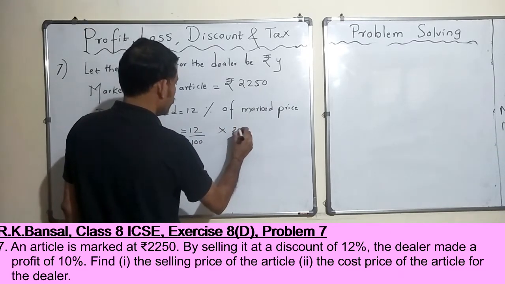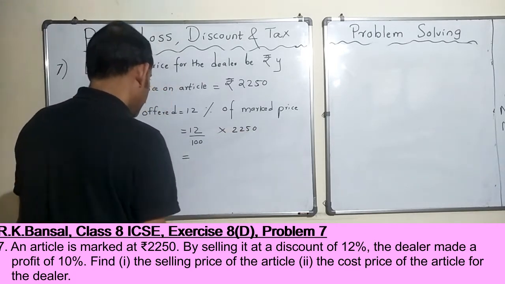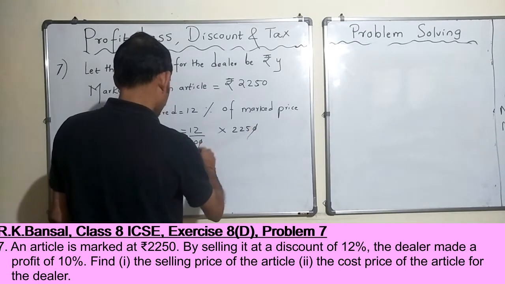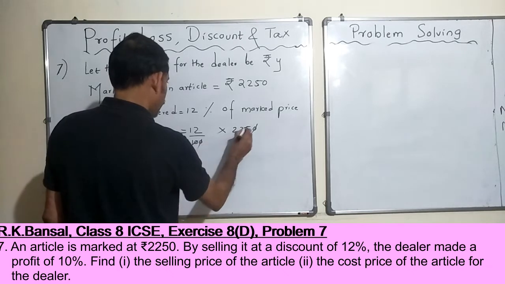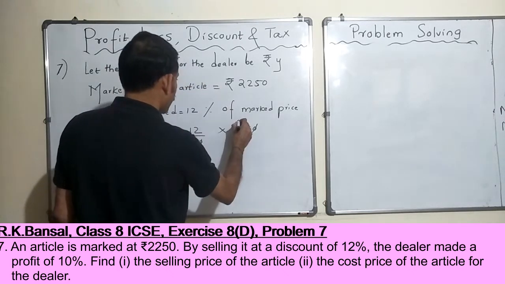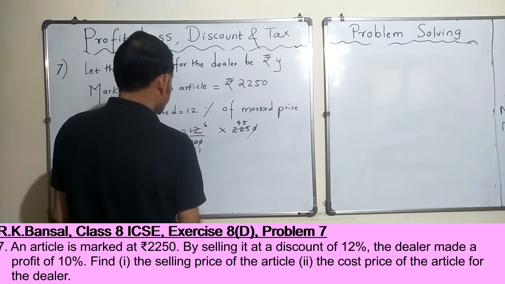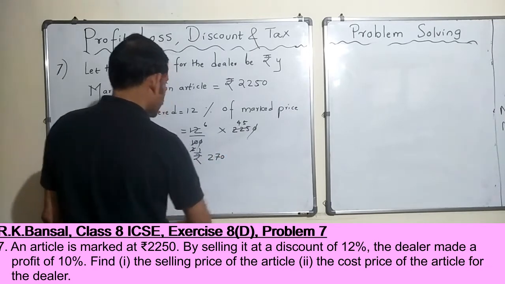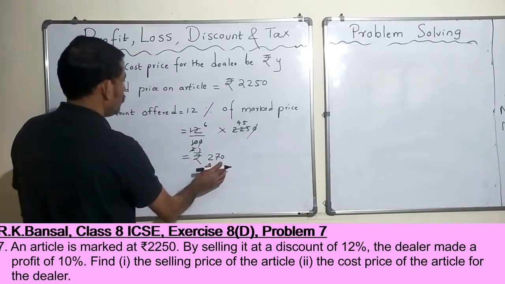So discount offered is what? 5 2s are 10, and 5 4s are 20, 45, right? And 2 1s are 2, 2 6s are 12. So this becomes 240, 270. Is it right? 45 into 6 is rupees 270.